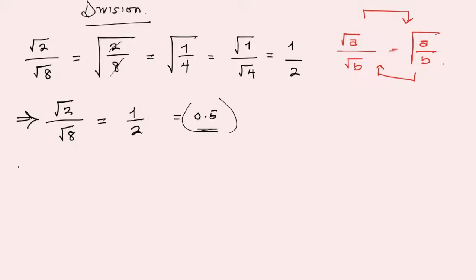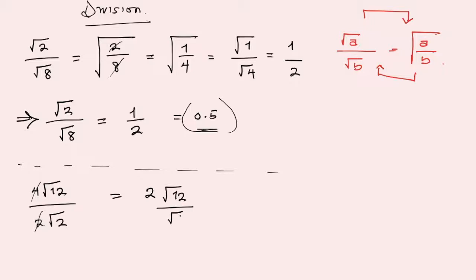Okay, if we solve another example, which is 4 root 12 over 2 root 2. From here we can see that 2 cancels out 4, and so we can start cutting that down. We get our 2 here: 2 root 12 over root 2.